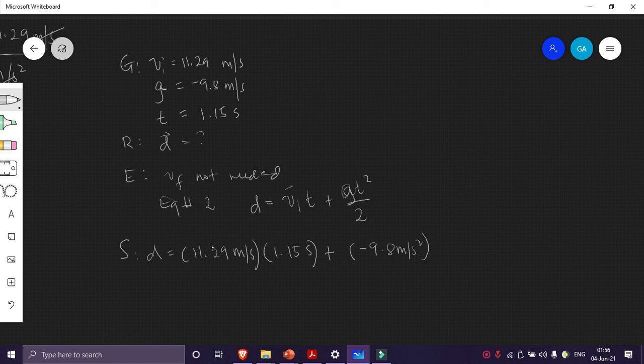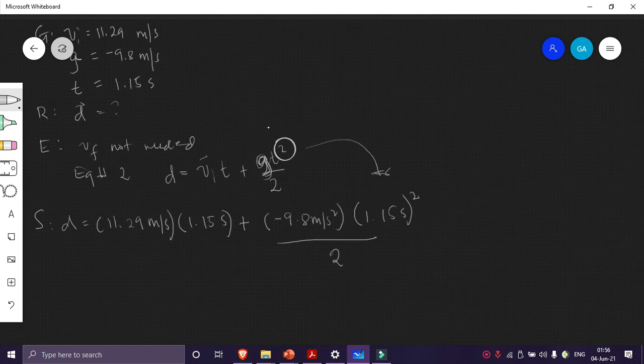So, this will be g pala. I'm sorry. This will be g. And time is 1.15 seconds, then square. Kasi naka-square to, so you have to put the square there. Over 2.